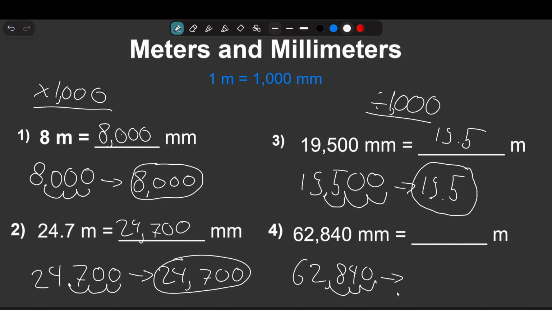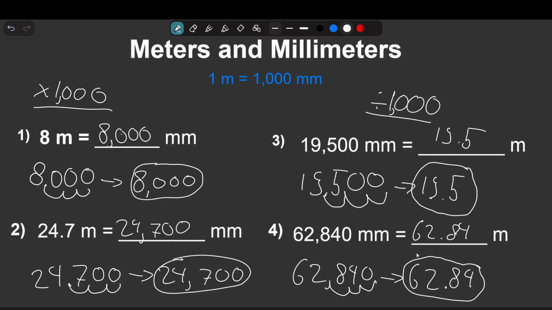Now we can rewrite our answer with the decimal in the right spot. We have 62, then our decimal right here, and then 84. Again, I left the last 0 out because it doesn't have any value. So our final answer is 62.84 meters.